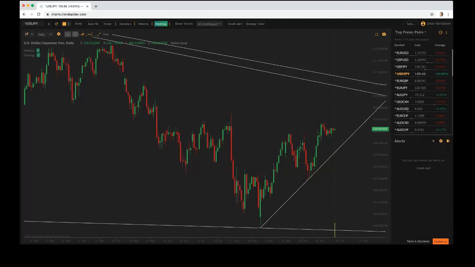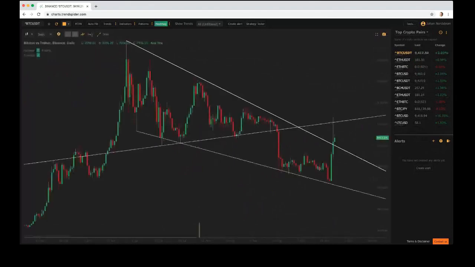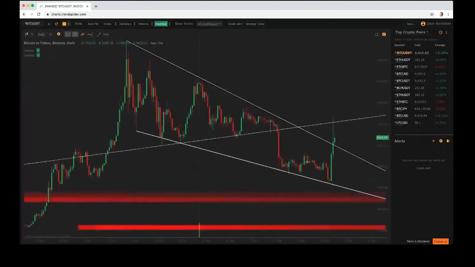But yeah, this is great. I just can't believe how much Bitcoin ripped over the last couple days. I'm assuming that was the China news about their digital currency, possibly laws or something. So it's interesting how technical analysis can be driven by charts, obviously, but technical analysis really goes hand in hand with fundamentals.